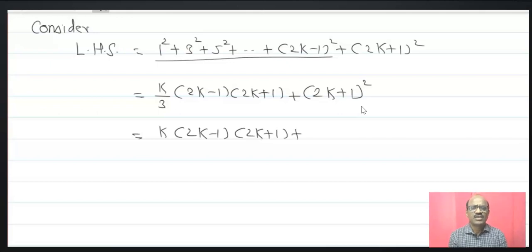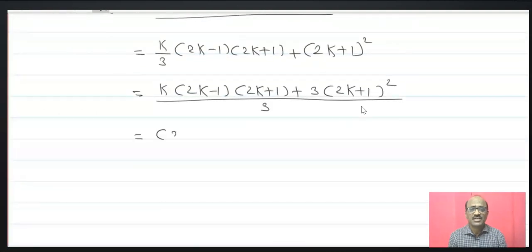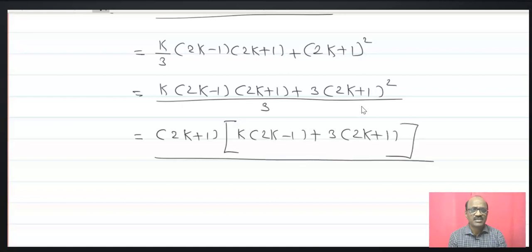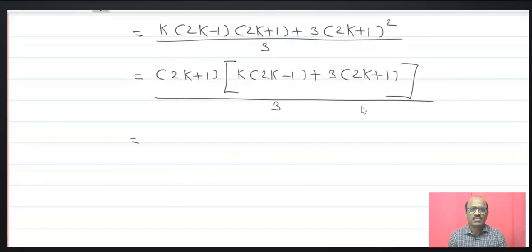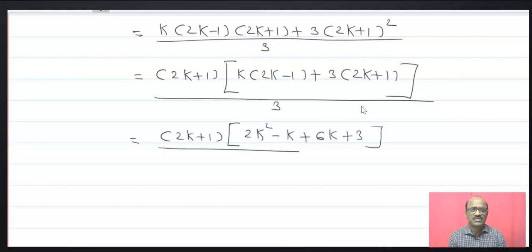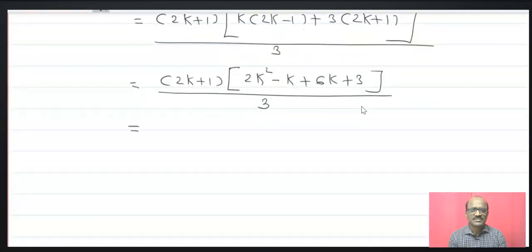That is, k[(2k minus 1)(2k plus 1)] plus 3(2k plus 1) bracket square upon 3. Now take 2k plus 1 as common, then in bracket you will get k(2k minus 1) plus 3(2k plus 1), and this whole divided by 3, that is, 2k square minus k plus 6k plus 3 upon 3.